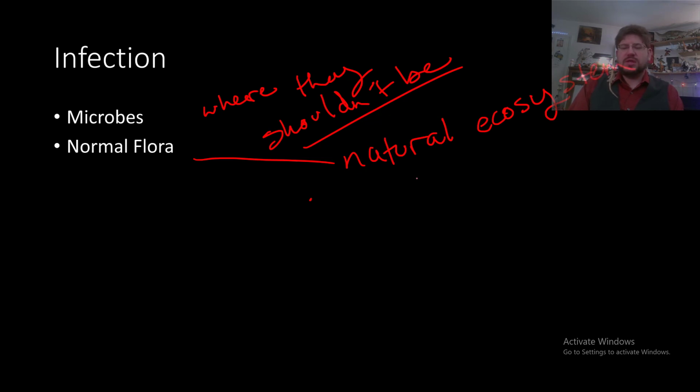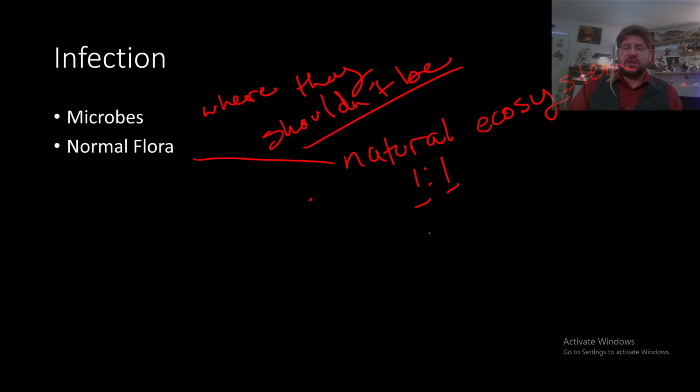Because there's about as many microbial cells that are a natural part of your ecosystem as there are cells that make you up. And these are things like your gut bacteria, the bacteria that live on your skin, bacteria that colonize almost everywhere in you.